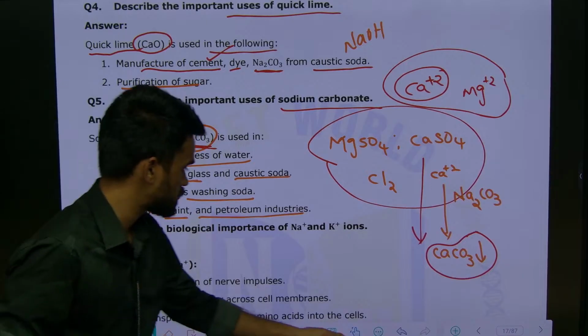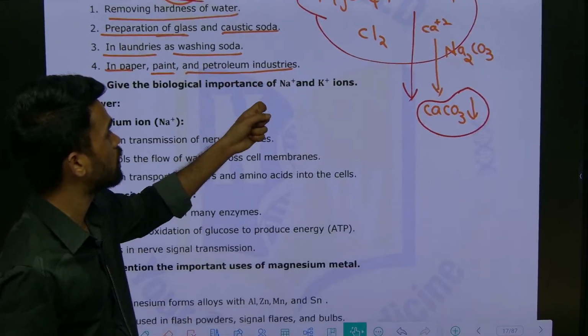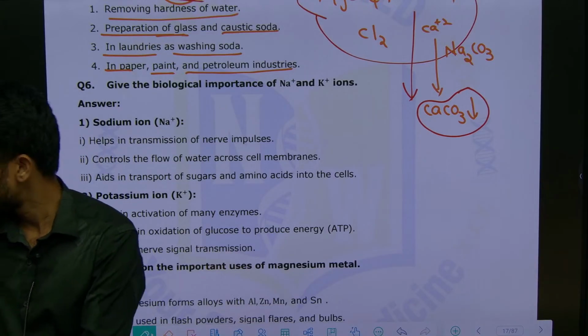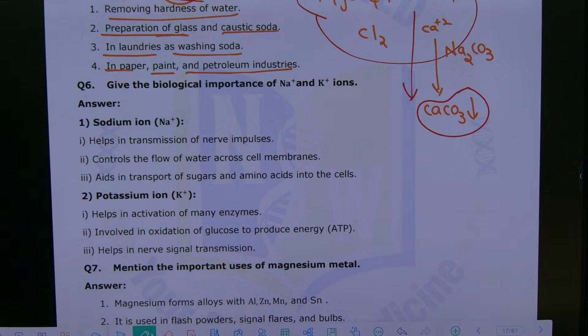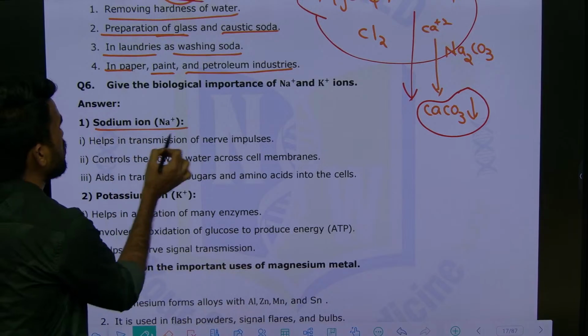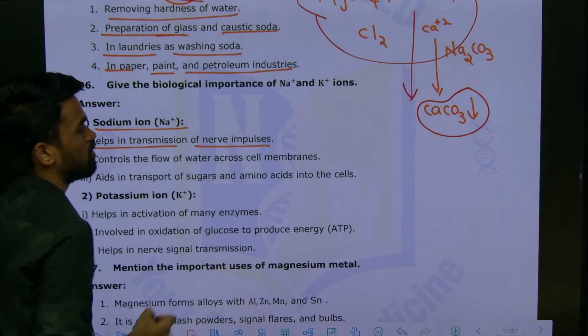Then next, what is the biological importance of sodium ion and potassium ion, they are asking. So sodium ion helps in transmission of nerve impulses.